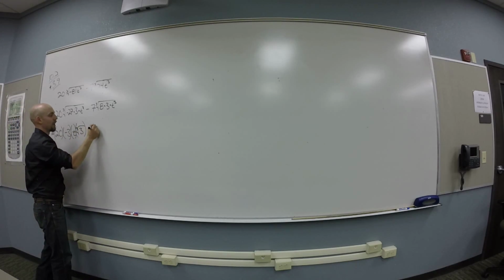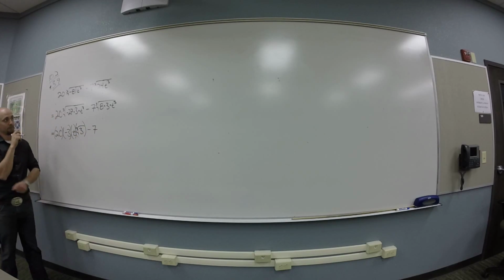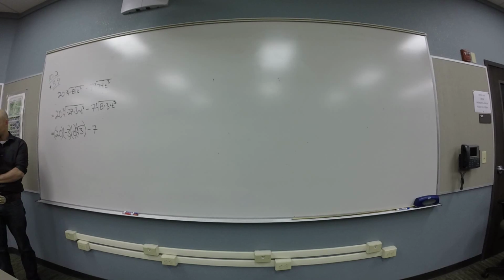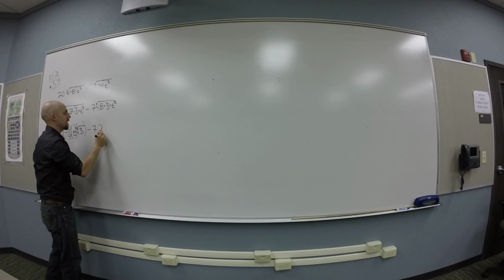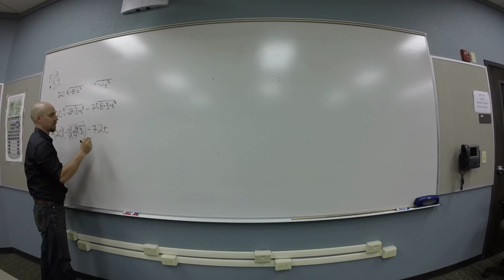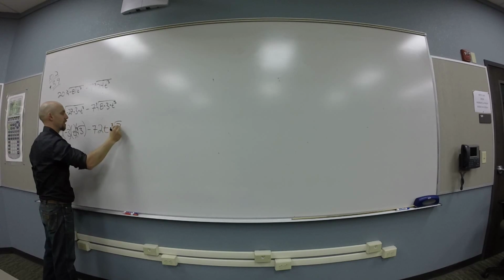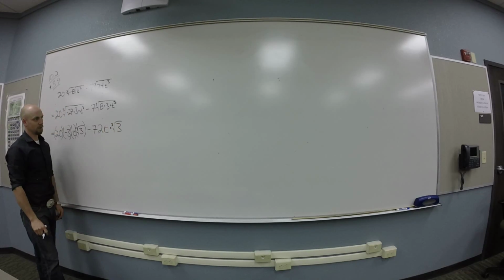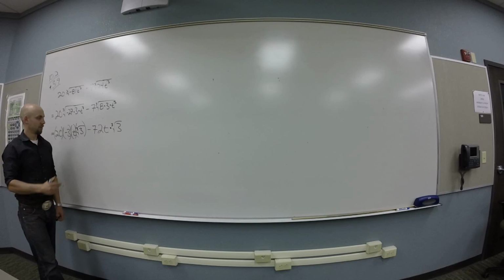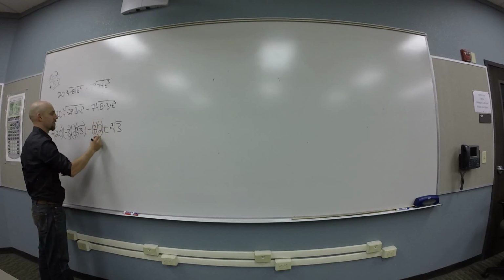Then I've got minus 7. What do you get out of that stuff? 2t. There's a 2t times t times the cube root of 3. What else do I need here? Parentheses around some stuff.